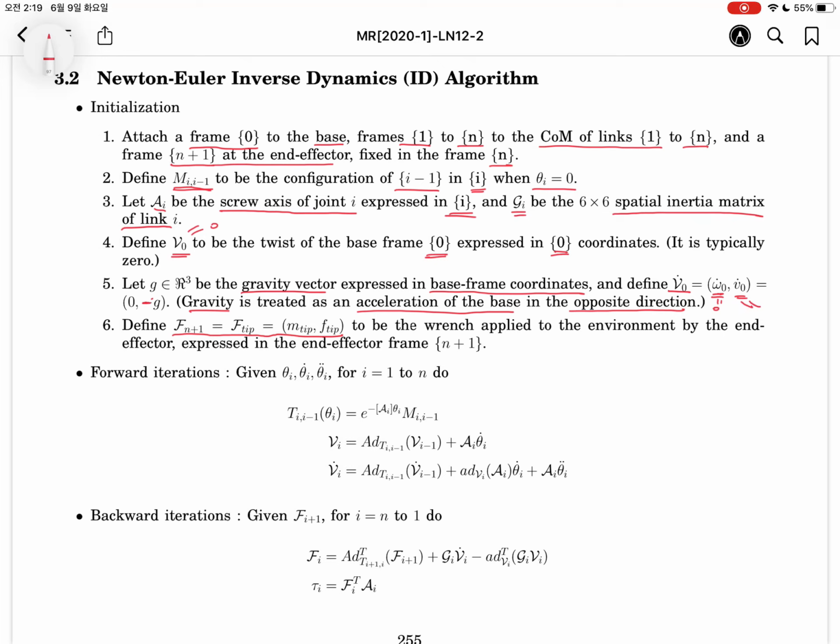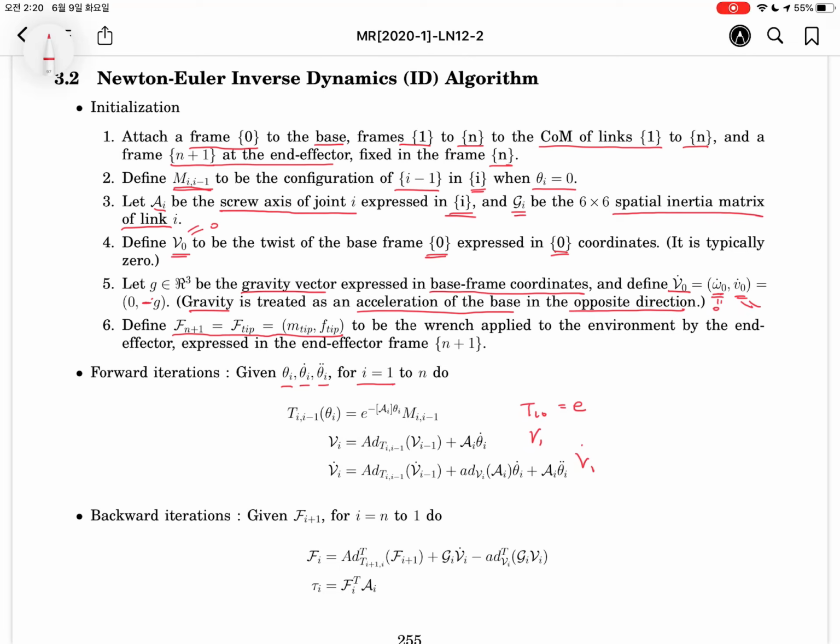Okay, for given theta i dot and theta i double dot, starting from i as 1 applied here, we can obtain the T_{1,0}, and then V1 and then V1 dot.